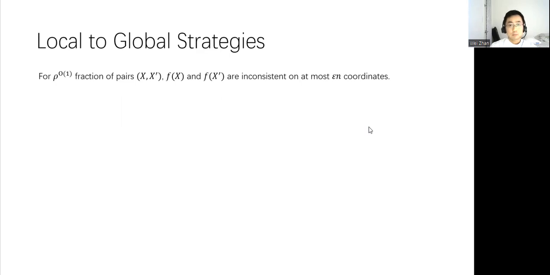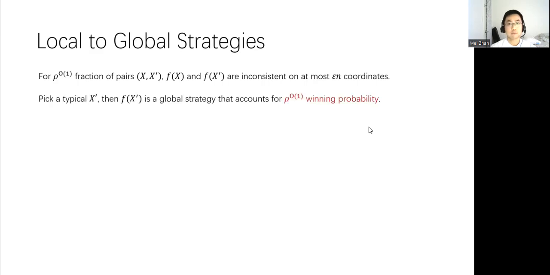Okay, so now these consistent coordinates are exactly those where the first player chose to deviate. If we pick a typical x prime and let the answer on x prime be a global strategy, this global strategy accounts for a polynomial in rho winning probability because such a fraction of x paired with x prime is good.